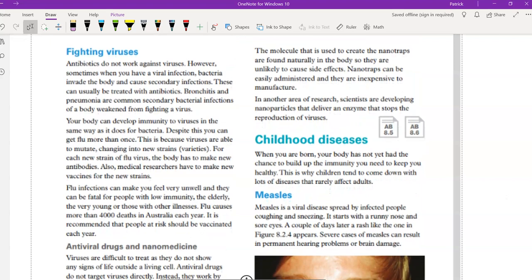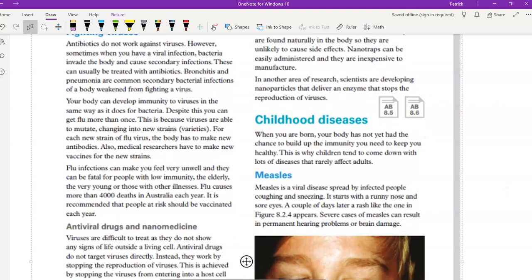In the battle against viruses, antibiotics don't work because, as we saw, they work on bacteria, right? So bacteria will come in and cause a secondary infection only because the virus has caused your immune system to weaken, and then it makes it vulnerable to secondary or bacterial infections.